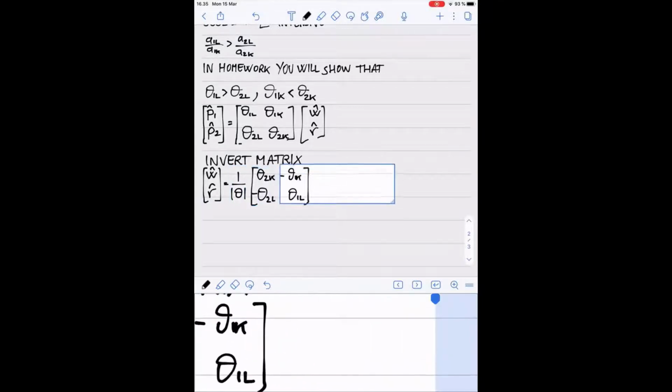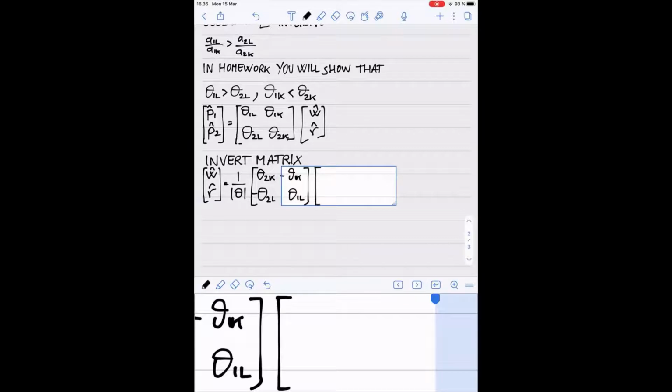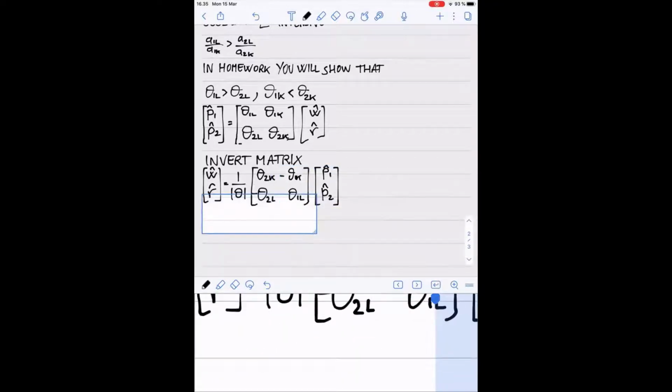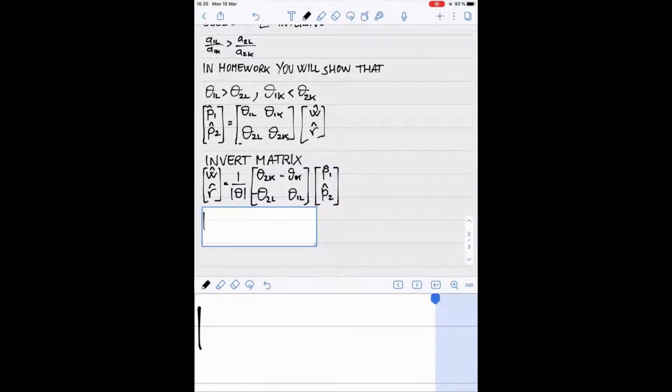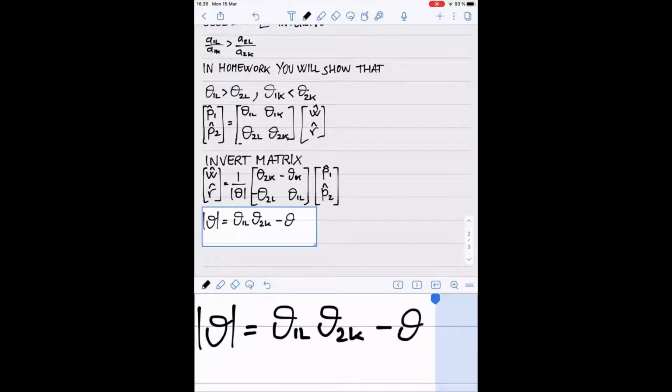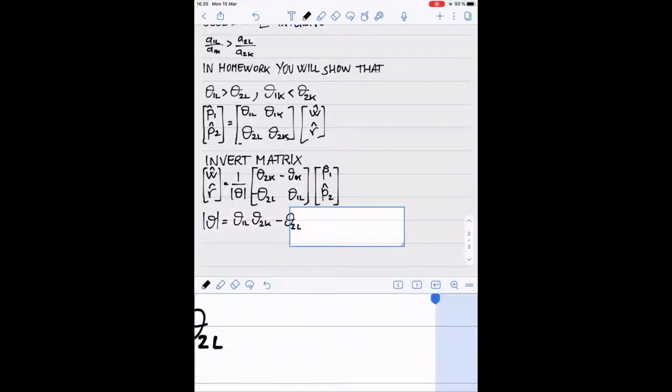And this multiplies the vector P1 hat, P2 hat. Okay. Now let's spend a little bit of time on the determinant of the matrix. So theta, that's actually equal to theta 1L theta 2K minus theta 2L theta 1K.